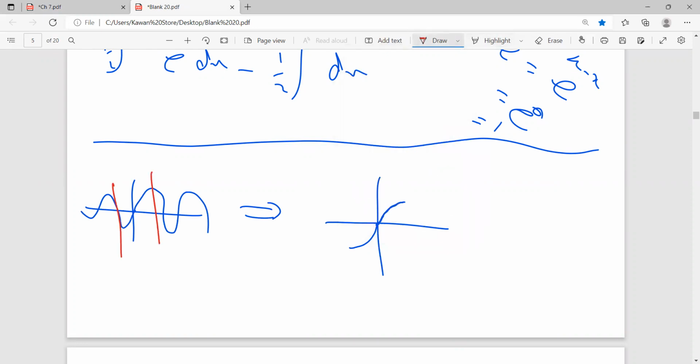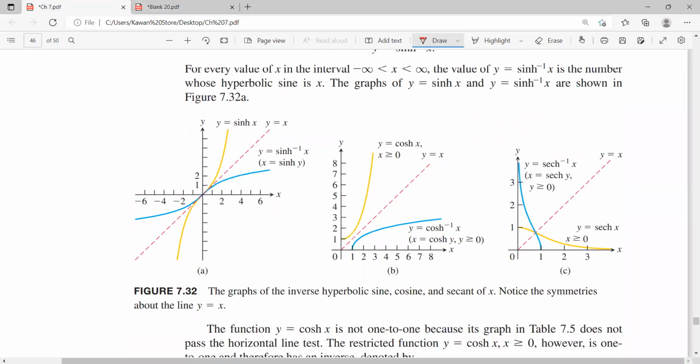To make it one-to-one, to apply the horizontal line test, right? Because if the function is not one-to-one, it has no inverse. Careful. So that's why we are going to cut the previous 6 graphs.